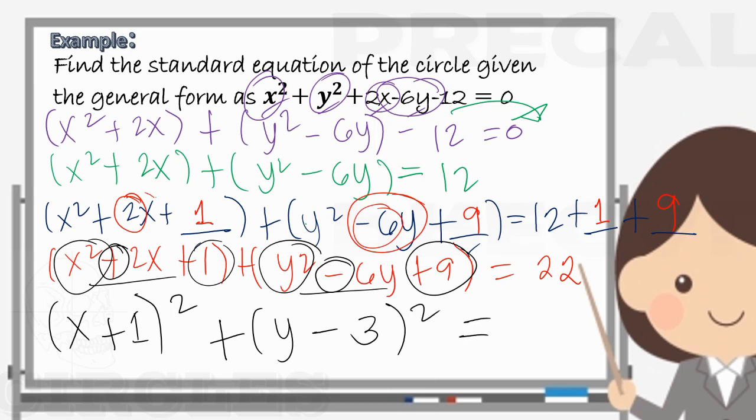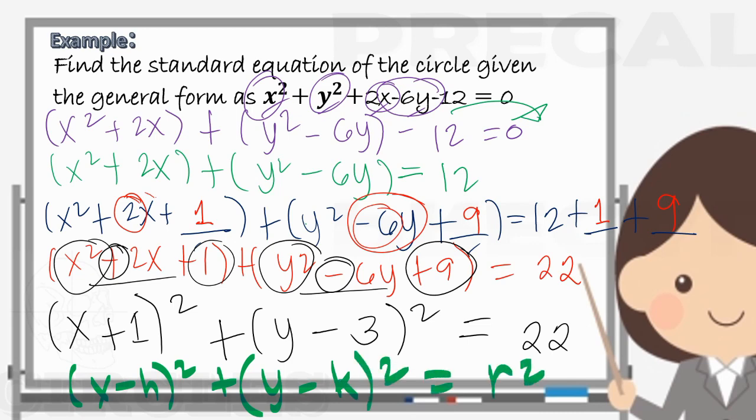So, is equal to 22. So, kung mapapansin nyo, ay nasa standard form na siya. So, remember the standard form. X minus h squared plus y minus k squared is equal to r squared.